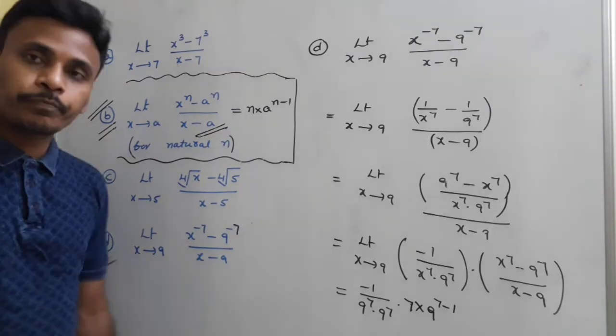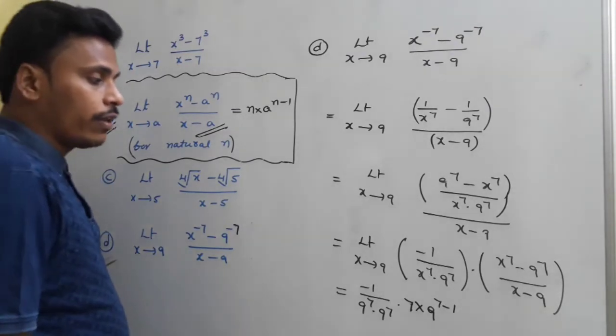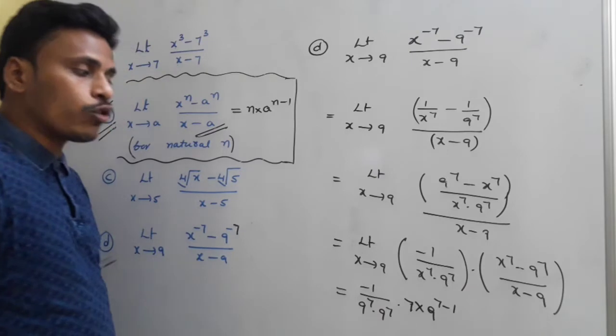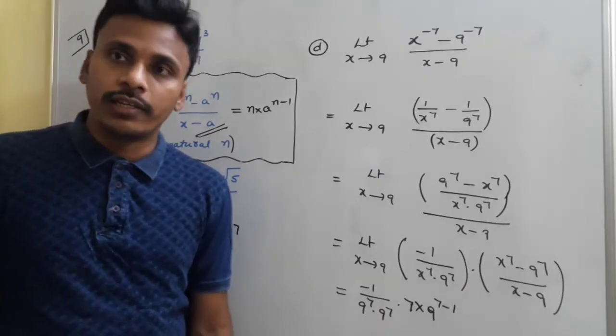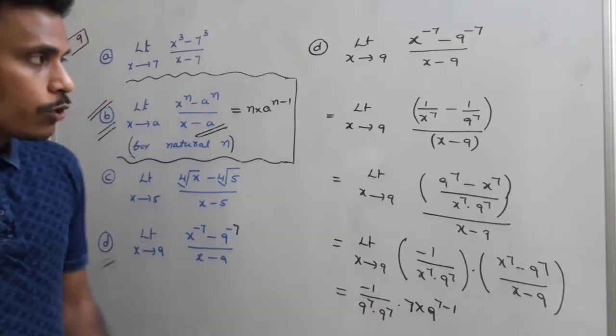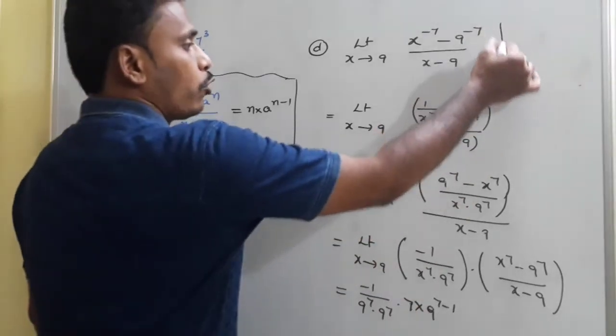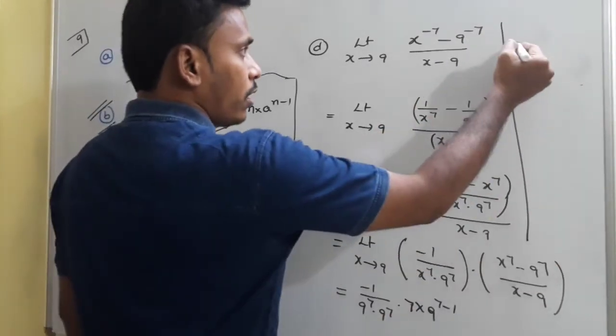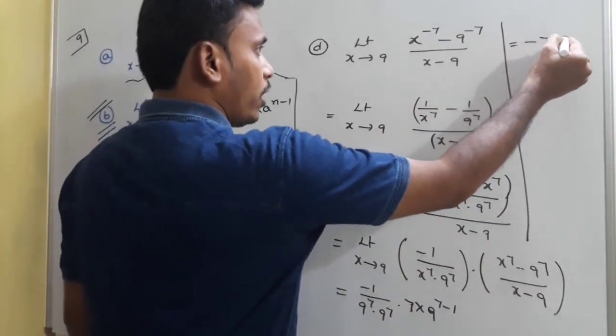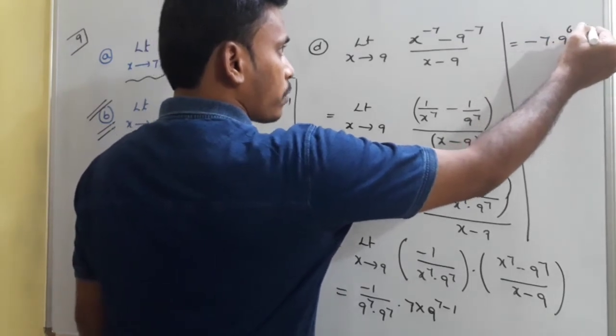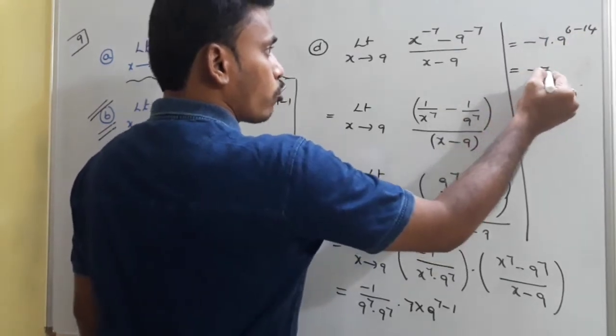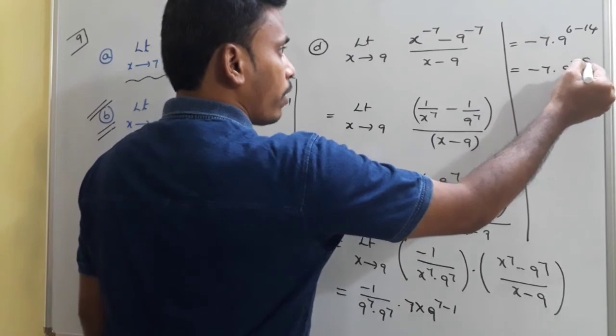Just think about it. So at the end, if you combine everything, this is 9 power 7 into 9 power 7, which is 9 power 14. This is 9 power 6. You just try to simplify. I am using this space for the simplification. This equals minus 7 into 9 power 6 minus 14. That equals minus 7 into 9 power minus 8.